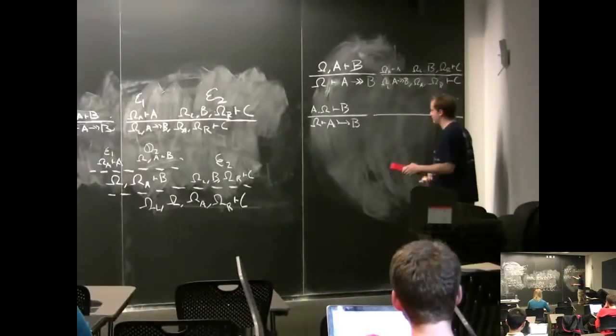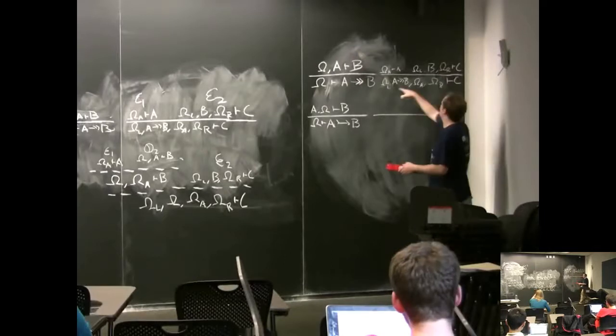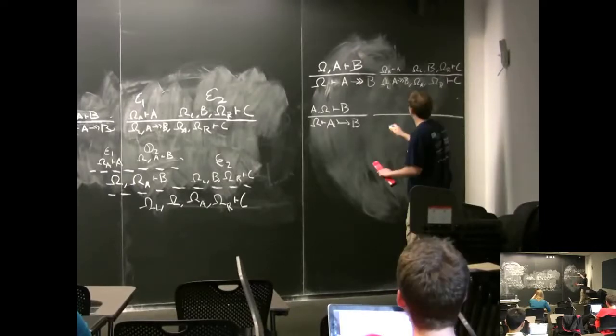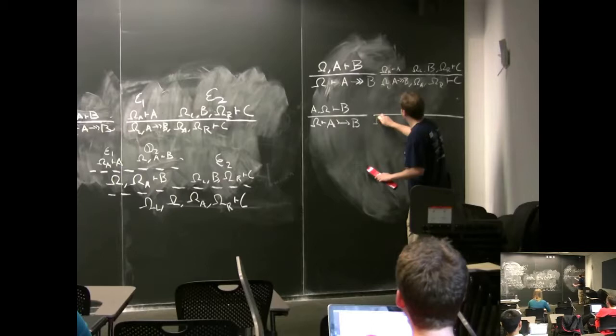And the left rule for left ordered implication is going to put omega A to the left of the proposition.